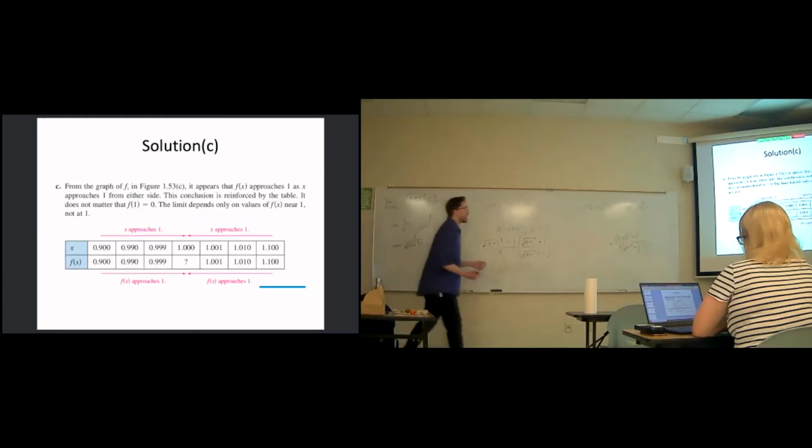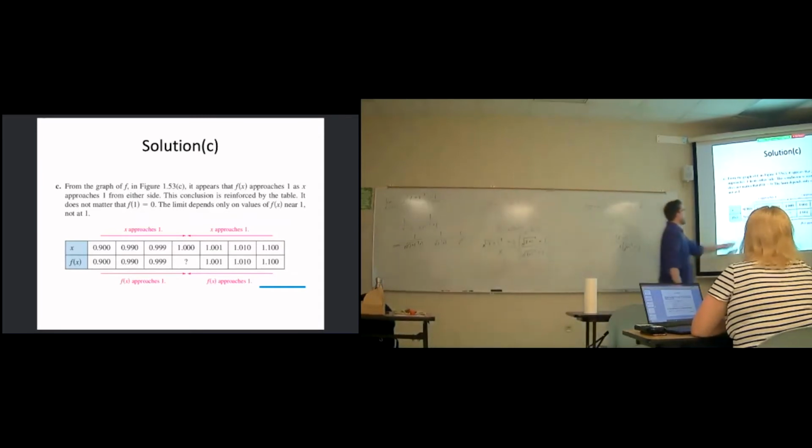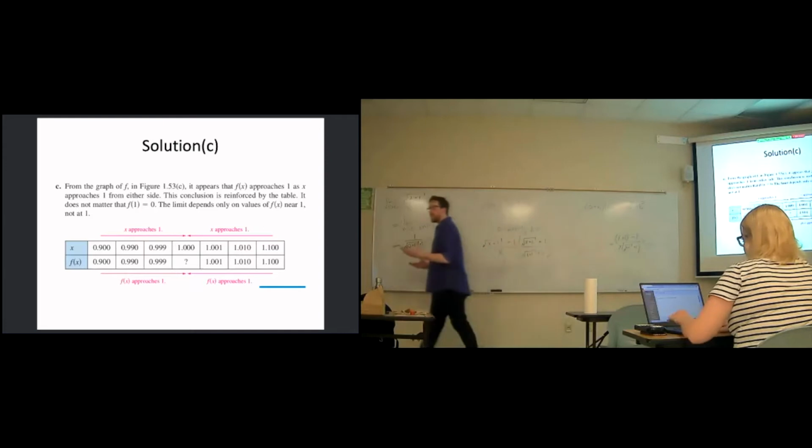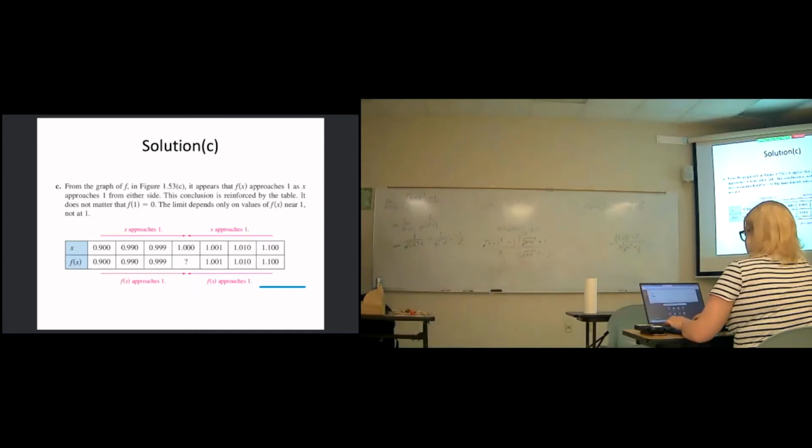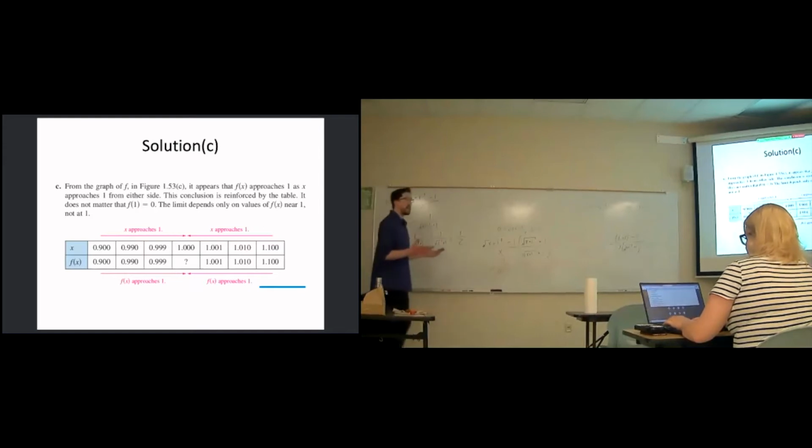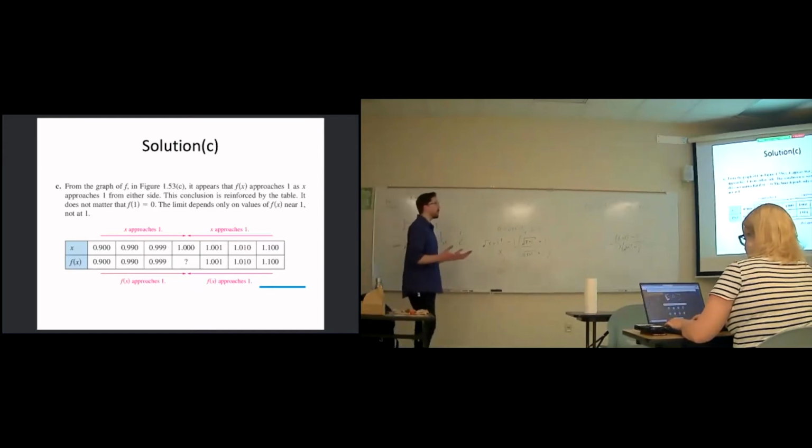Could you imagine having to check this value over and over again for smaller and smaller digits closer to 0? And even then, you're not necessarily guaranteed to get an answer, because we could have functions that do some crazy things where they oscillate very quickly between small groups of numbers, right?